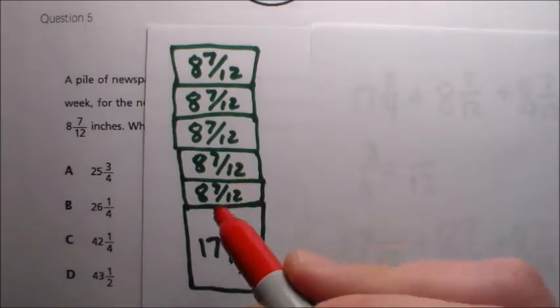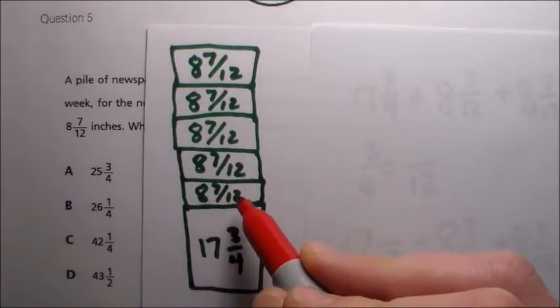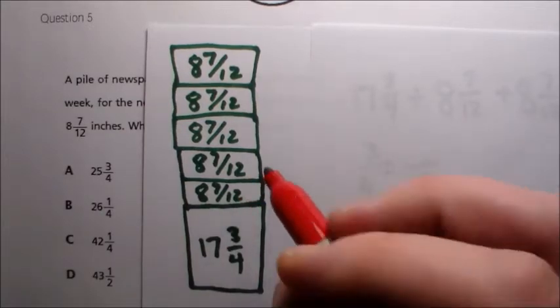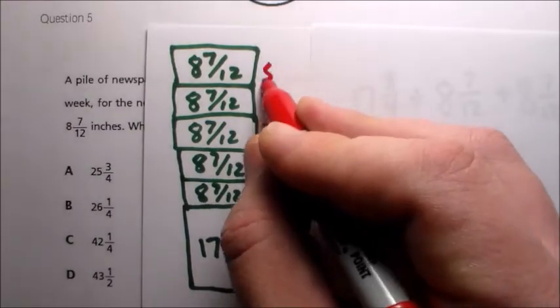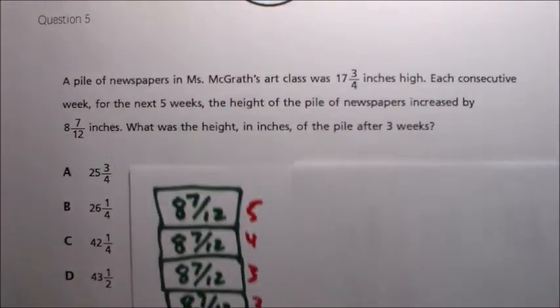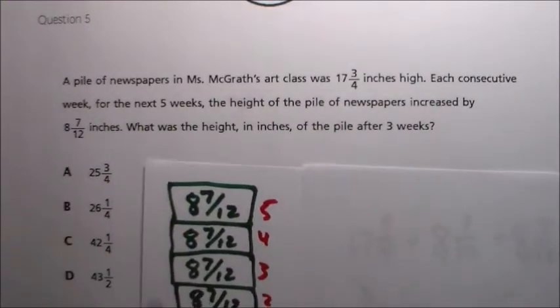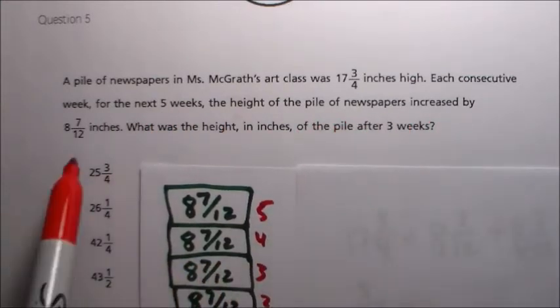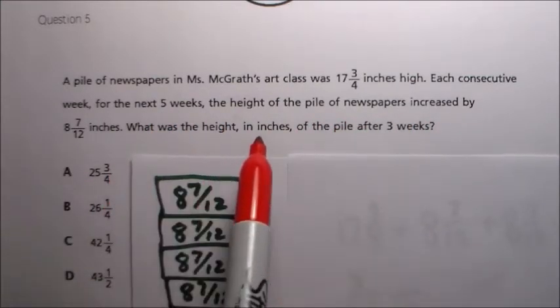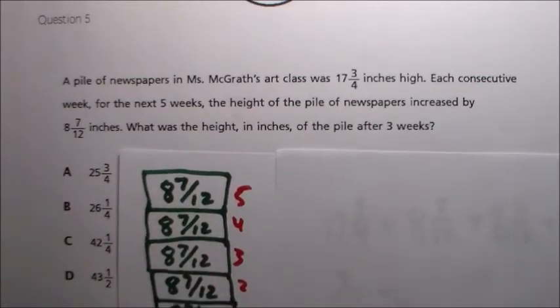Then it gets 8 7/12 inches higher for the next 1, 2, 3, 4, 5 weeks, right? Because it says for the next 5 weeks, the height of the pile increased by this amount.